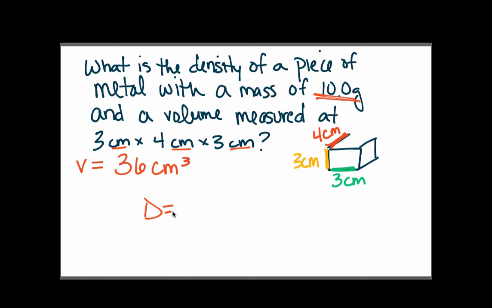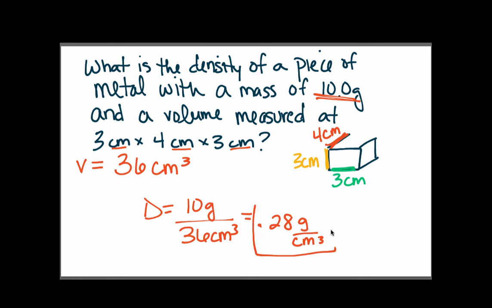Density equals mass, which is 10 grams, divided by 36 centimeters cubed. So when I calculate 10 divided by 36, I get 0.28, and the units for this, grams divided by centimeters cubed. Because the units don't go anywhere. These don't cancel out.